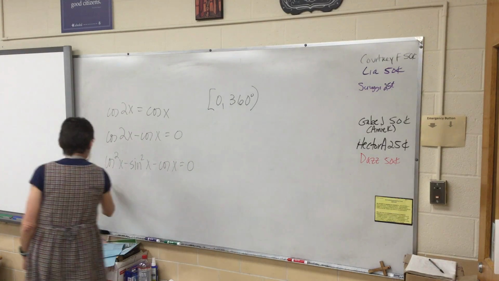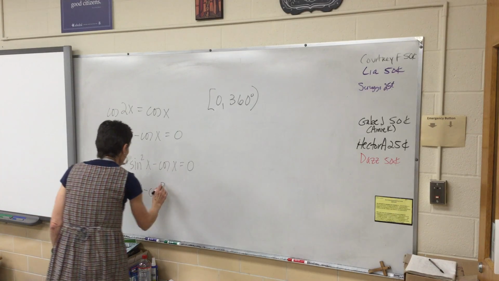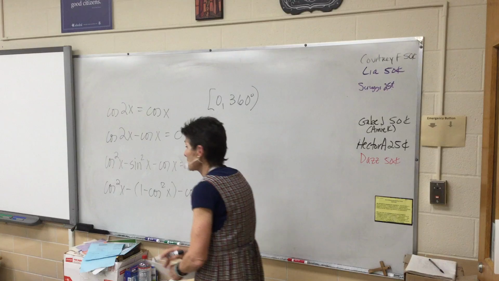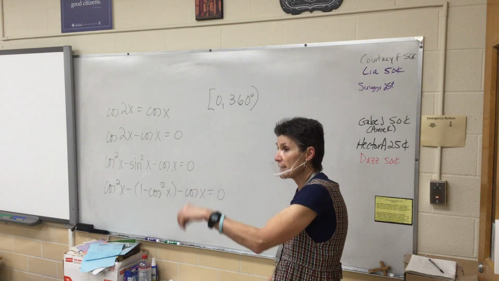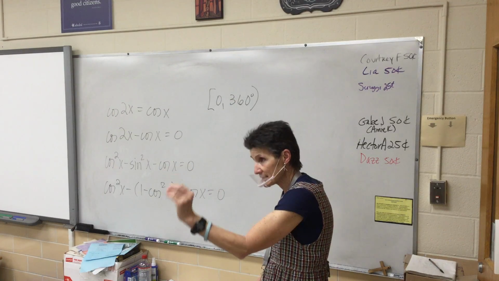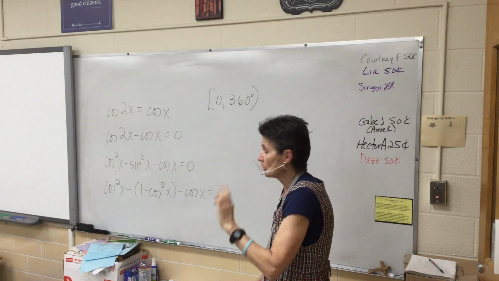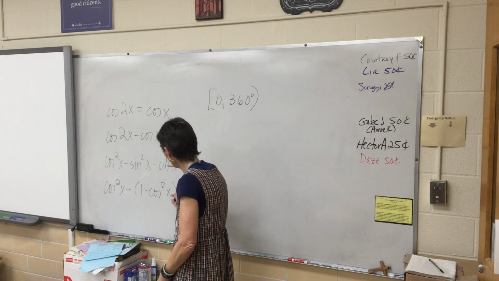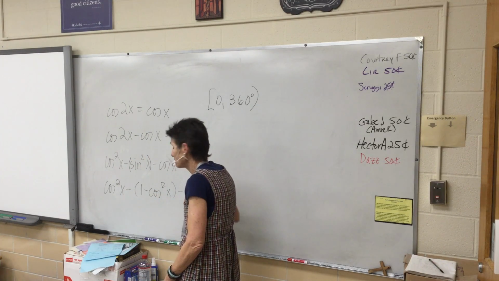So we're going to carefully change the sine squared into 1 minus cosine squared. You can always change cosine squareds and sine squareds into the other one. They have to be squared, but you can always do it. These parentheses are important though, because there's a negative in front that's going to have to be distributed.